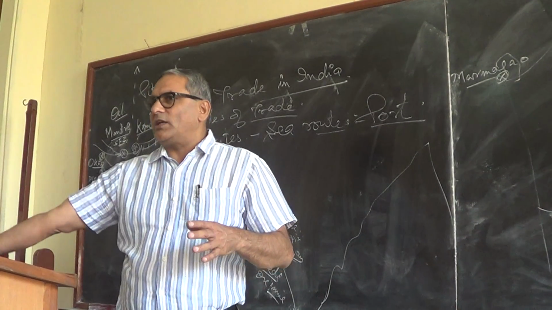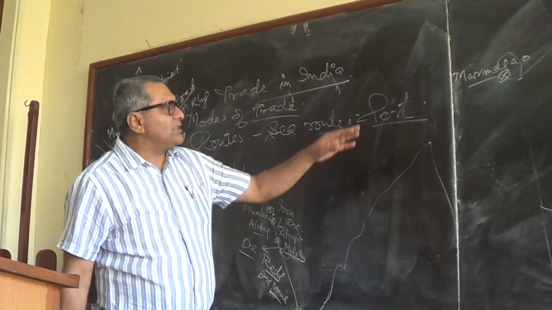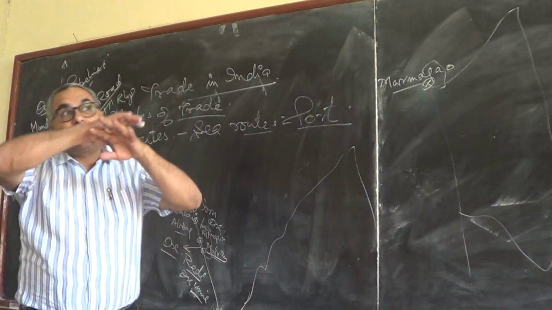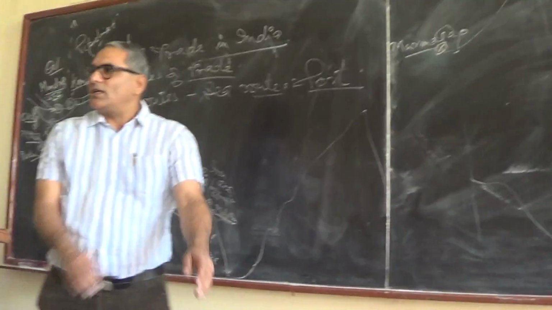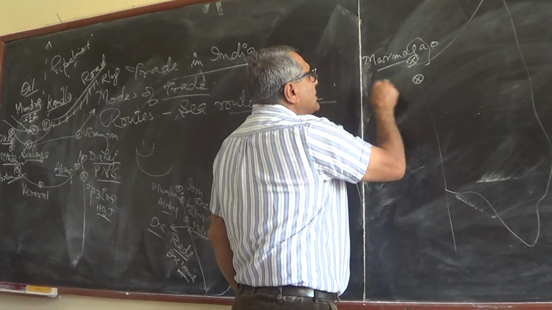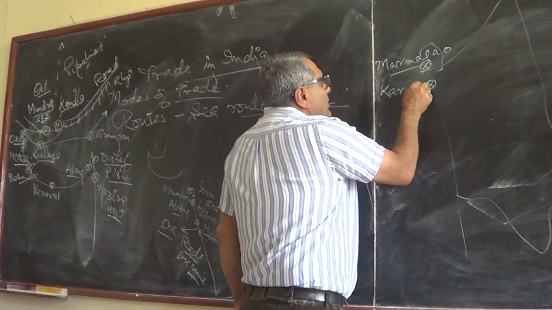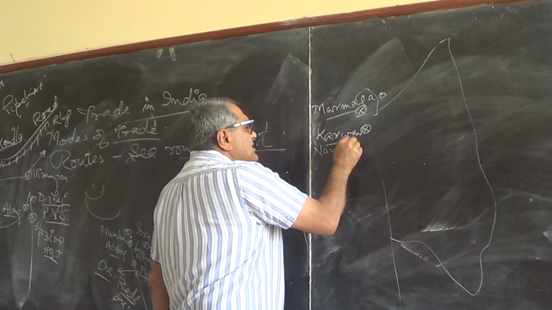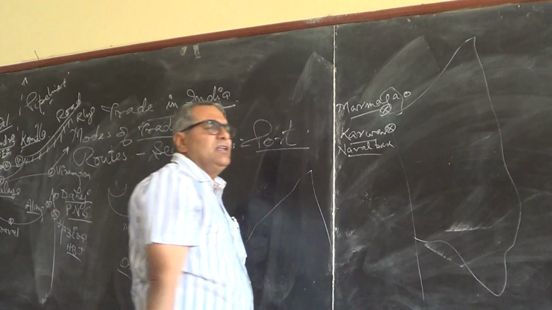There was a port on the right hand side, that was basically the Marmagaon port. And from Donapola you were glancing at the port on the southern side, that was the same Marmagaon port. Just south of Marmagaon, another port is called Karwar port. Karwar is important, basically it is the naval base of the Western Naval Command.